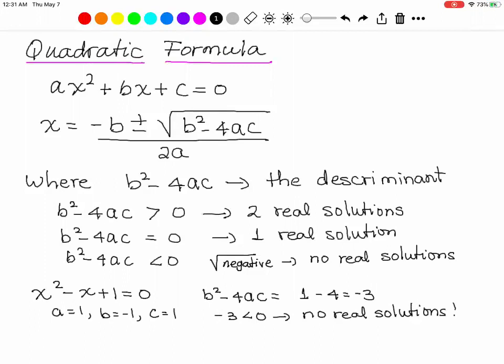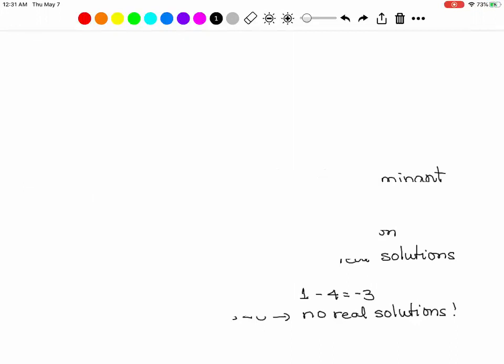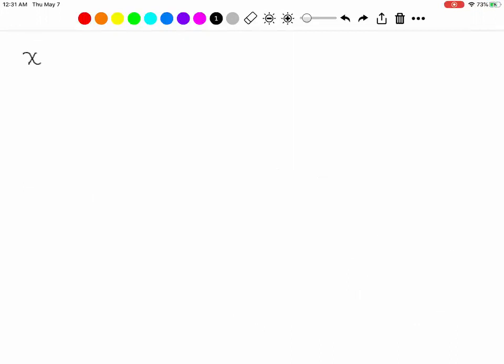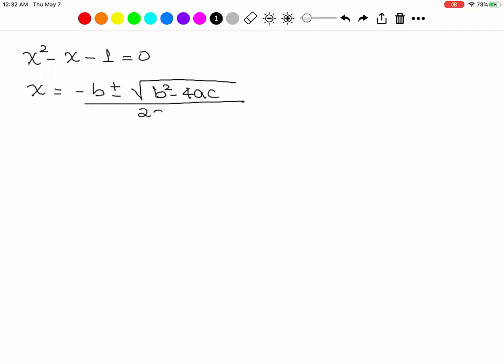Now let's solve a few more exercises so that you can get a hang of it, right? So how about if you have x square minus x minus 1 equal to 0. Now, again, the formula being x is equal to minus b plus minus root of b square minus 4ac over 2a. Now, what is a?